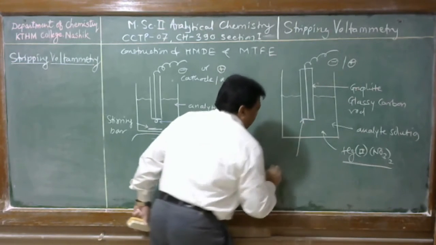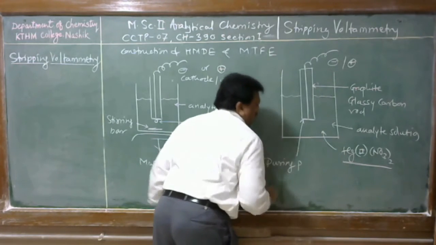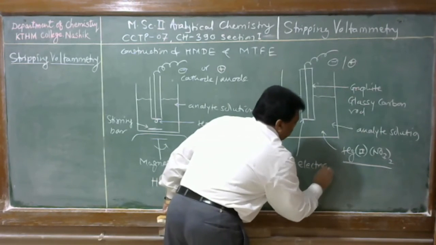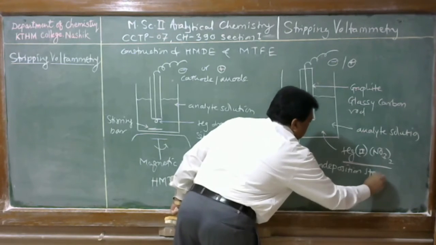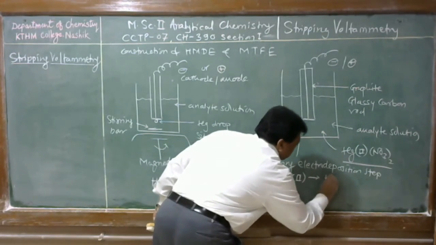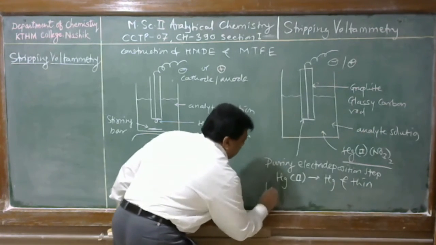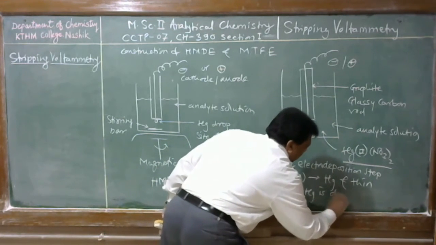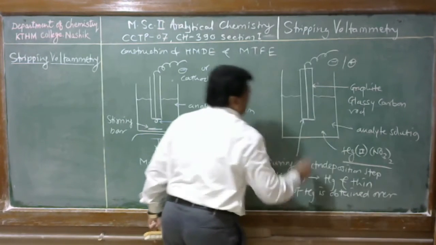Here during the pre-deposition step, or electrodeposition step, Hg2+ is first reduced to Hg, and a thin layer of Hg is obtained over the glassy carbon.